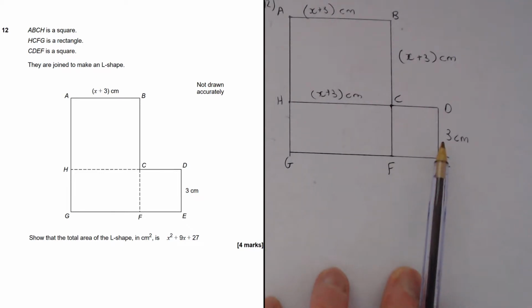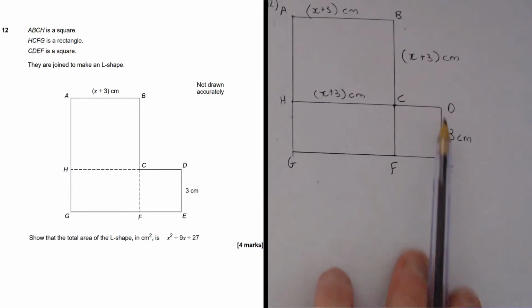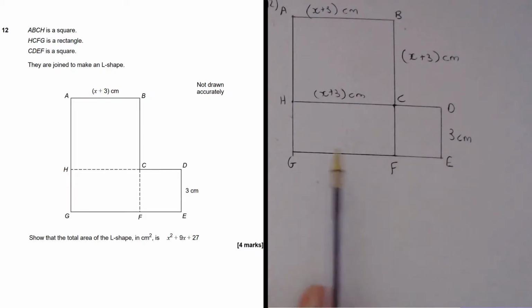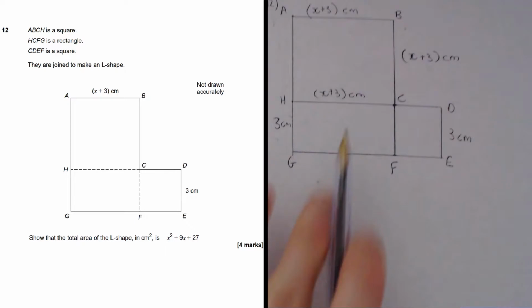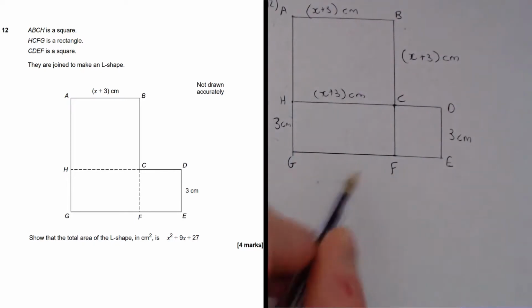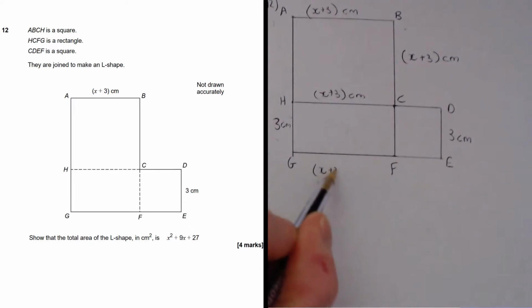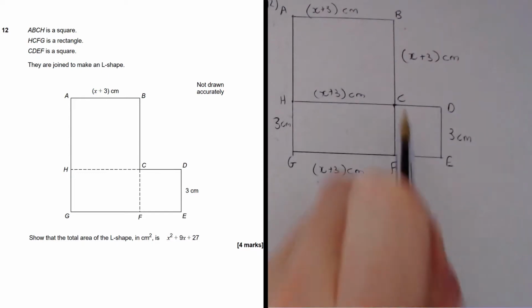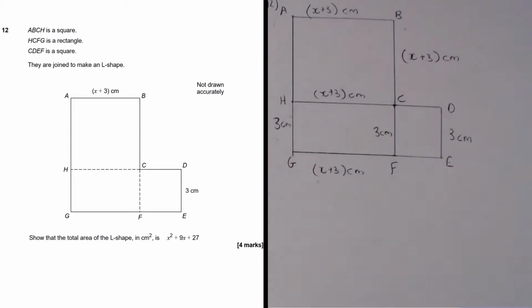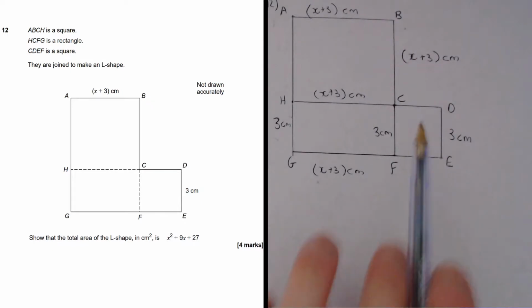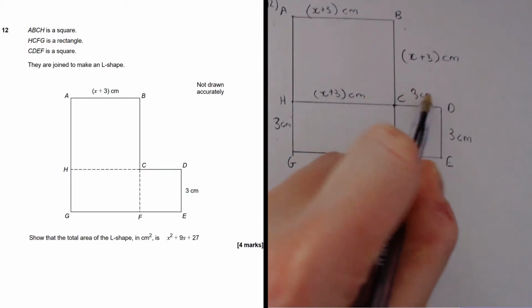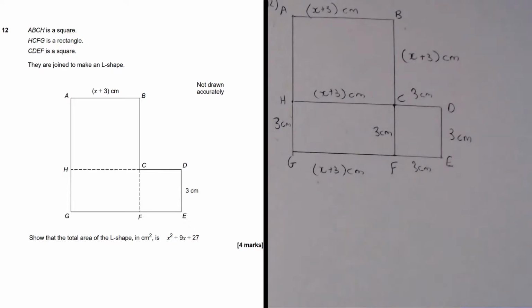Now we can see from the diagram that the length D to E is 3 centimetres, so we know that H to G is 3 centimetres. And because this is a rectangle, we know that G to F is obviously x plus 3 centimetres, and CF must be 3 centimetres. And we are told that CDEF is a square, so we know that these sides here are 3 centimetres as well.